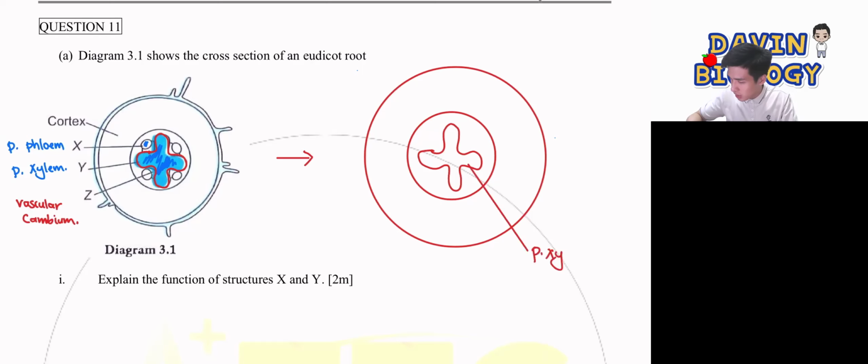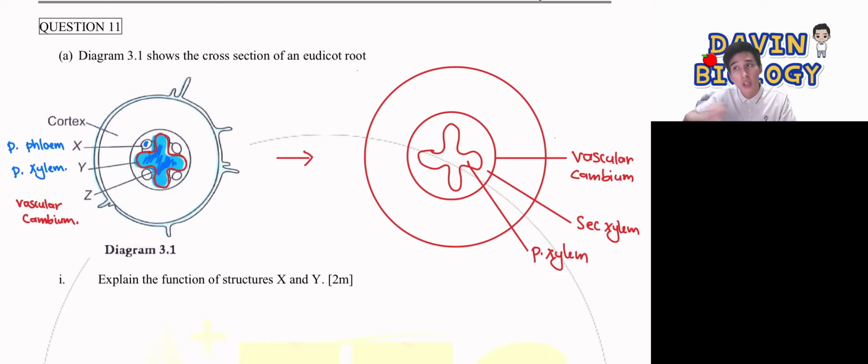Primary xylem. Here, secondary xylem. And after this, in between the secondary xylem, this is basically your vascular cambium. Can you imagine or not? See again, by right, the cambium was here. So now the cambium becomes this already. So now you have a new layer of tissue underneath the vascular cambium.